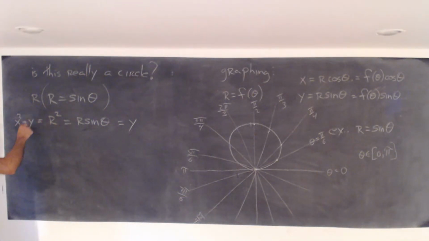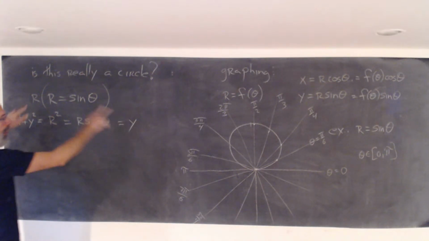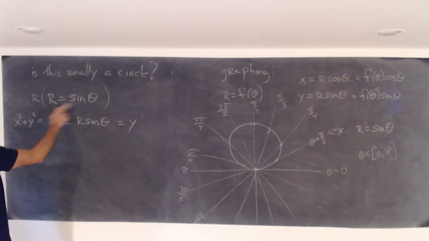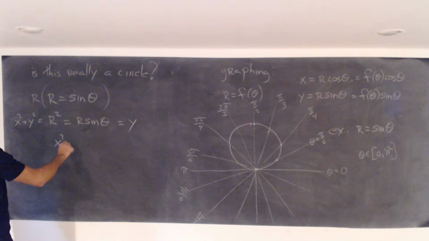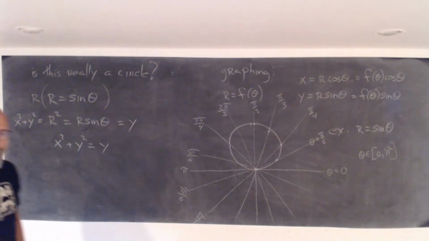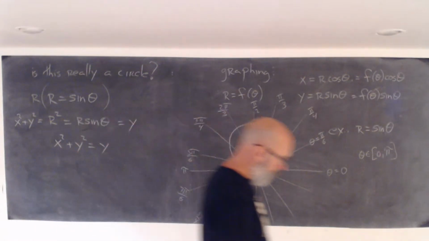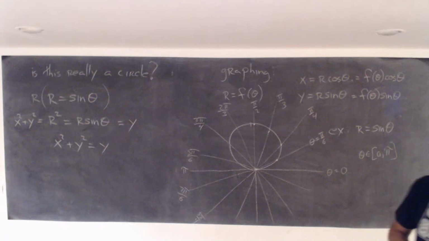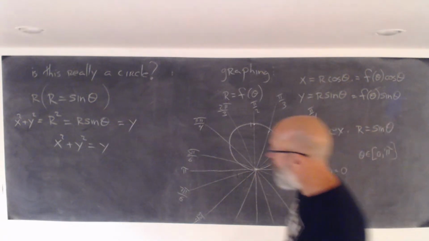We also saw that when we were looking at the circle. So we have in Cartesian coordinates in the xy plane, r equals sine theta is really x squared plus y squared is equal to y. Still questionable. I'm still not sure what that looks like.